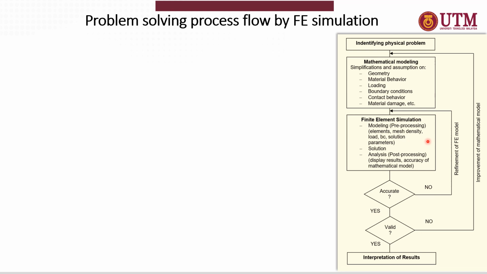So you can use any softwares that you like, because you know they only give you approximate solutions. In UTM we have a license for Abaqus, but I have to remind you, do not use pirated softwares, okay? Okay, so once we get the results, we need to evaluate whether it is accurate and valid, and then only we can present the results and say proudly that the simulated results are correct. Nobody can argue with you anymore if you have validated your results.